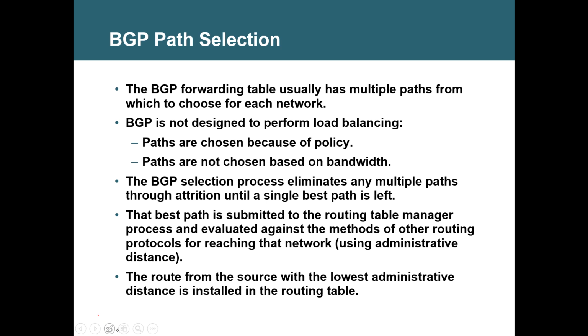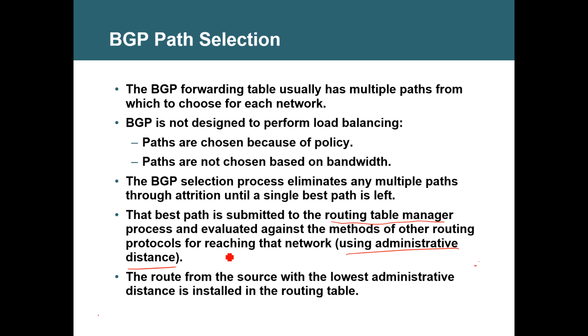So you see, a route is given by BGP as well as by some other IGP protocol. A route is given to an IBGP router, and also the same route is given by another protocol. Which one will the routing table manager use? The routing table manager will use only the route that has the lower administrative distance.